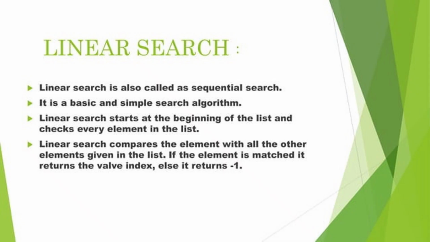If the element is matched, it returns the value of the index, else it returns -1. So this slide introduces the linear search algorithm. It explains that it's a straightforward approach that involves examining each element of a list sequentially until the target element is found or the entire list has been searched.